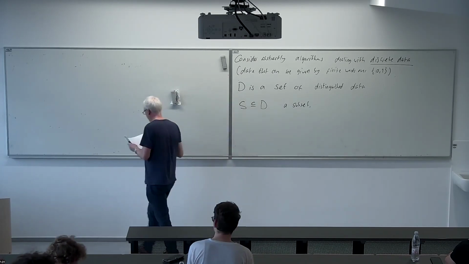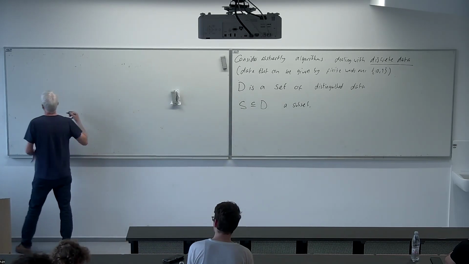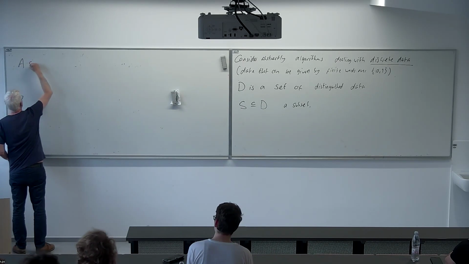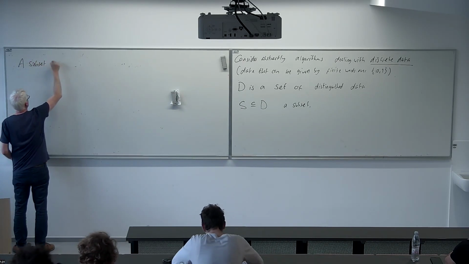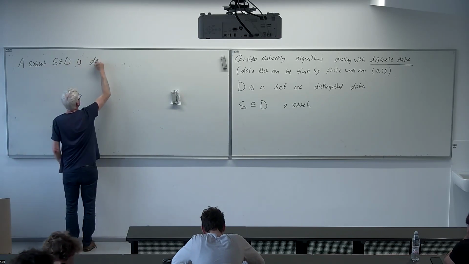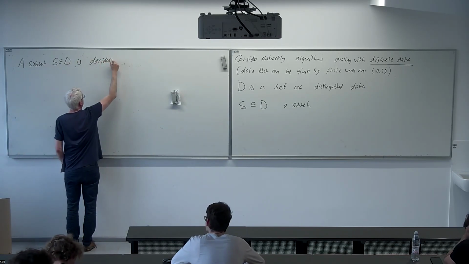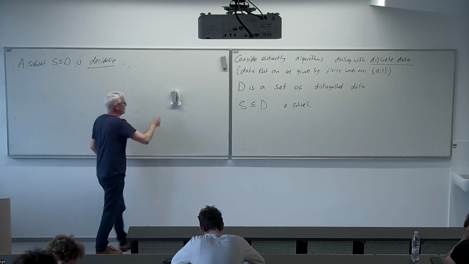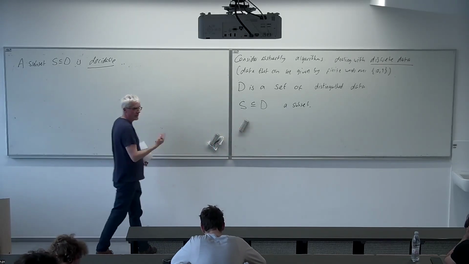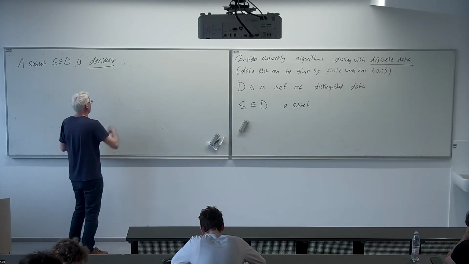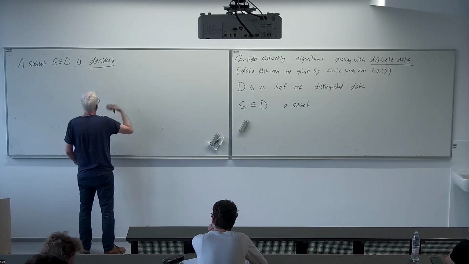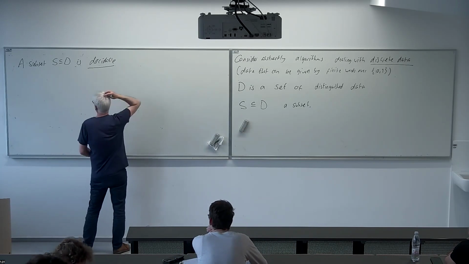Potentially smaller set. And so just to remind you, but now in this general setting, a subset S of D is decidable. And as I say, we're going to just have an informal notion of algorithm, but those who've done a computability theory course will know that one can make this precise in various ways, and all the sensible ways turn out to be equivalent.